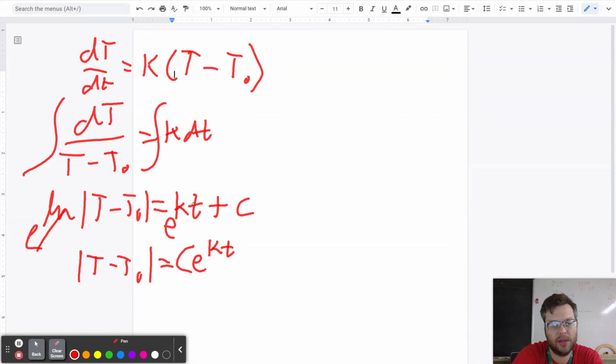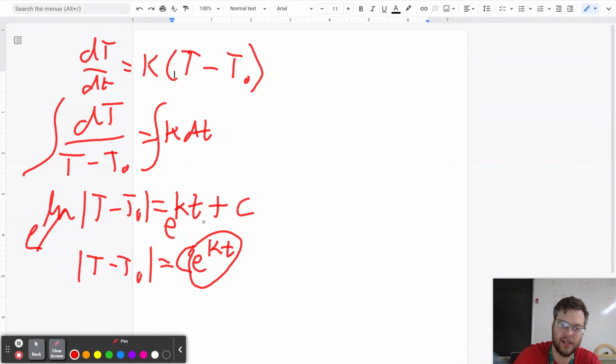I did the trick there where I thought of e to the kt plus c as two things multiplied together, e to the kt times e to the c. E to the c is just an arbitrary constant, so I might as well write it as c. In fact, some people like to do the same thing with this e to the kt.